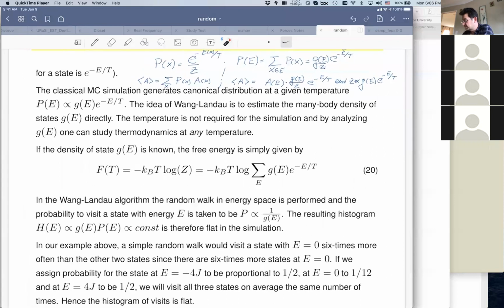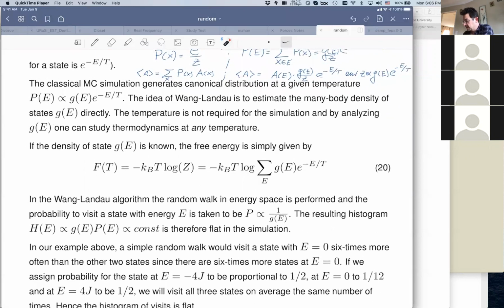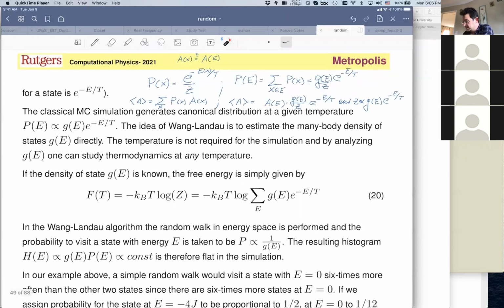I mean, one way is, of course, to calculate it the way I sketched here, but there is an alternative way, which is maybe more convenient, which is to recognize that Z is basically just the number of many-body states times e to the minus E over T, the partition function.